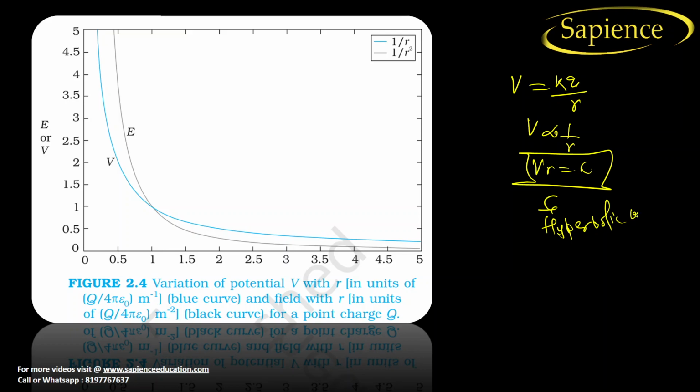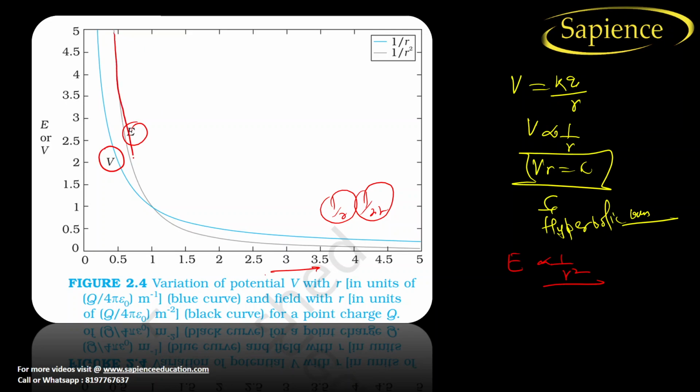The blue curve shows the potential variation with the distance or radius, 1 by R, or 1 by R square. For electric field, E is directly proportional to 1 by R square. So see here, the electric field comes like this and they cross each other here only. I hope you have understood now. Got it?